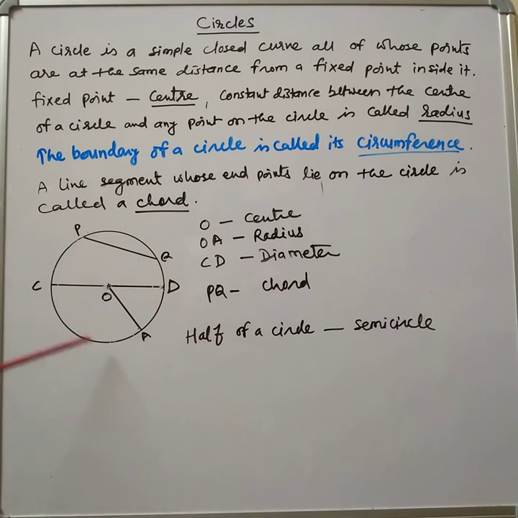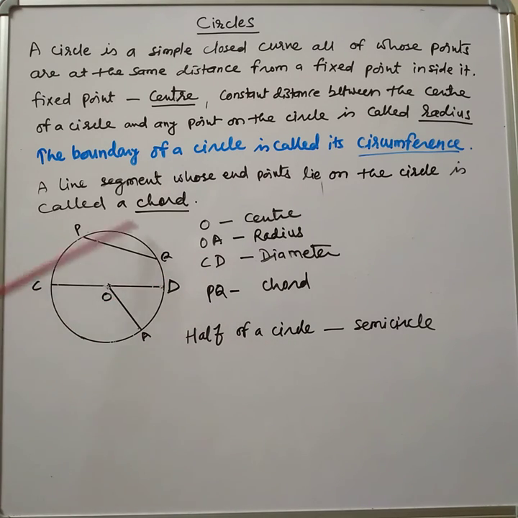Circumference means the boundary of a circle. The line segment which passes through the center and whose endpoints lie on the circle is called the diameter. A line segment whose endpoints are on the circle is called a chord of the circle.